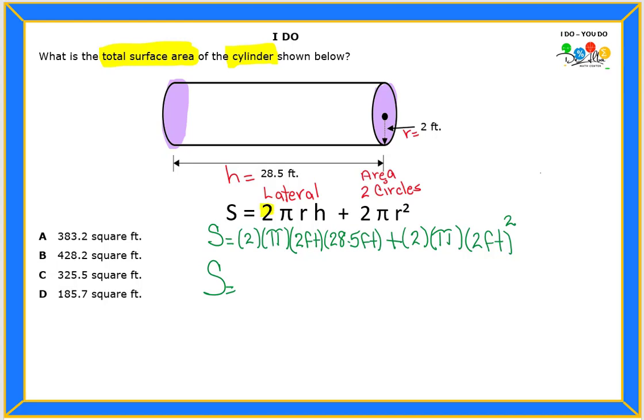Look, this 2, I brought it down. This is my pi symbol. I'm bringing it down. Then I have the radius, which is this right here, 2 feet. And last but not least, I got the height, and it's 28.5 feet. Okay, so notice how everything, either I bring it down or I replace it with something.